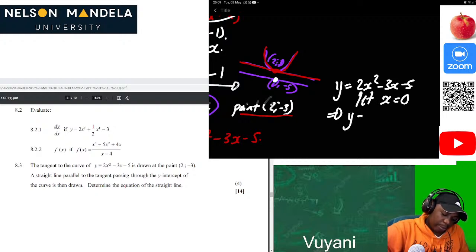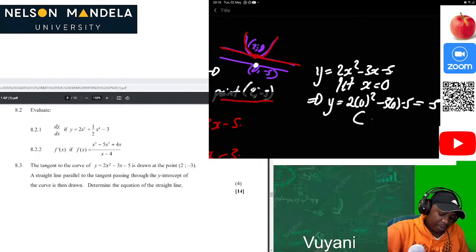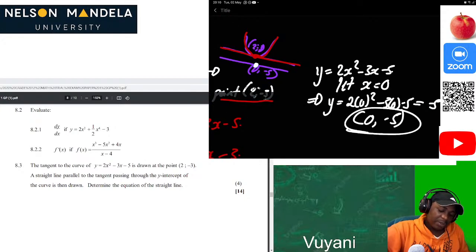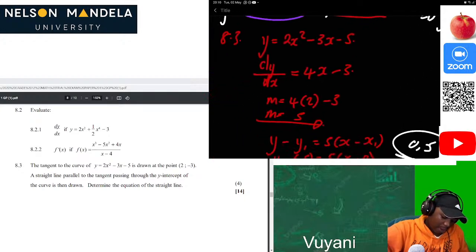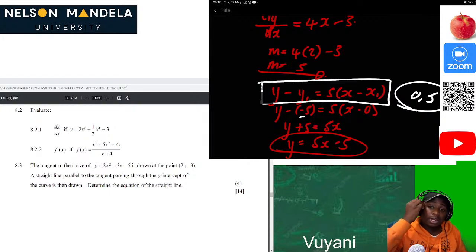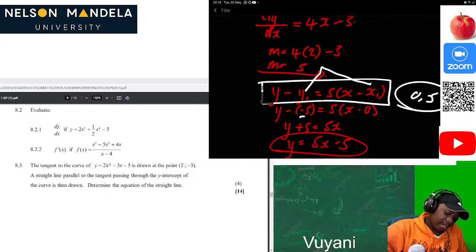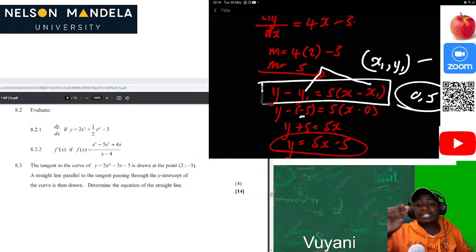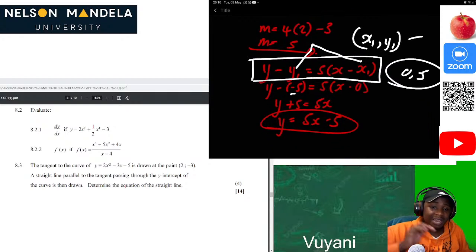Then y will be equal to 2(0) squared minus 3(0) minus 5, which is negative 5. So the y-intercept is (0, -5). Then we substitute this point in our equation of a straight line, with x1 comma y1 being the point on that straight line. After that we get our equation, then we live happily ever after.